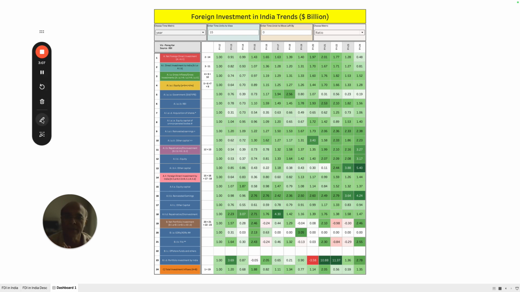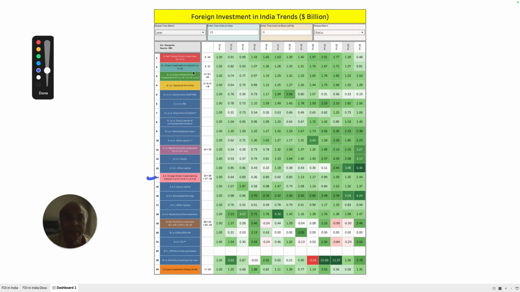For example, the net foreign direct investment number, right in front of you here, is 2 minus 14. What is 2? 2 is direct investment to India, and 14 is foreign direct investment by India.